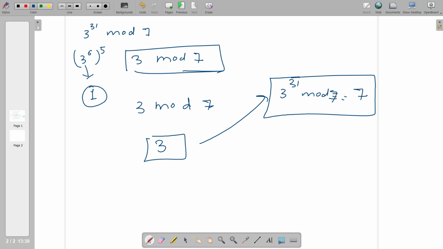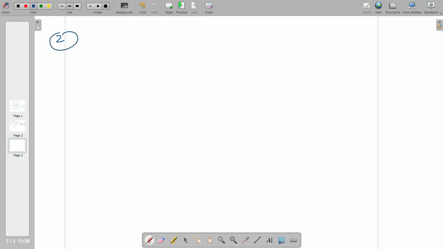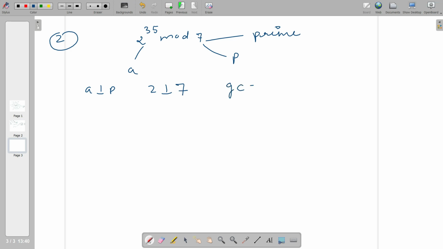Let's solve one more example. The second one says, find the value of 2 to the power 35 mod 7. 7 is a prime number, and let's say 7 is p and 2 is a. Is a co-prime to p? Yes, because GCD of 2 and 7 is equal to 1.